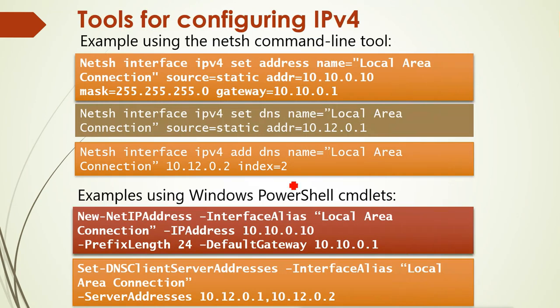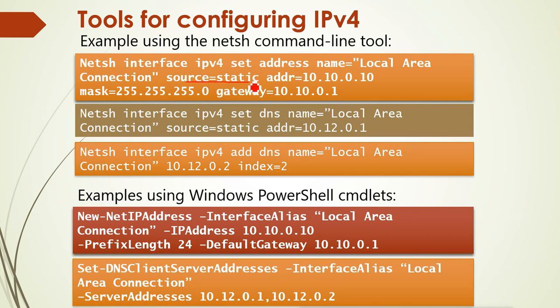Then we can configure the IP address through the command line, or through PowerShell commands also. For the command line, we can use the netsh command: netsh interface ipv4 set address. We have to mention the interface name there, the local area connection or whatever name you have. Then you can define whether you want to assign the IP address statically or dynamically.